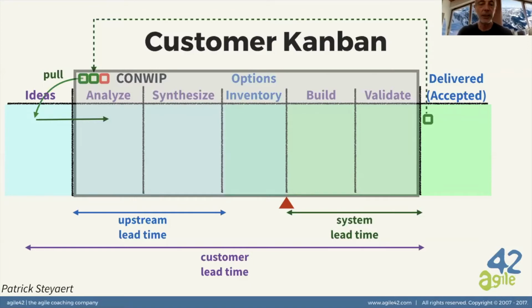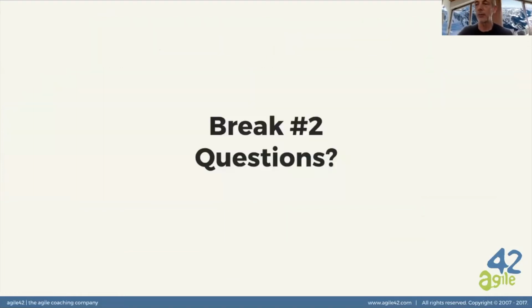And you see on the lower part of the slide what we call customer lead time. That's the total time required to go through the whole system, and that's very important for our competitiveness and our time-to-market performance. So I think we can now take a break.